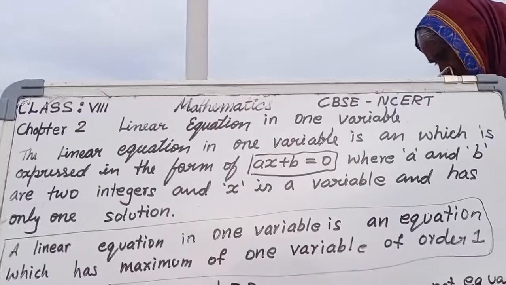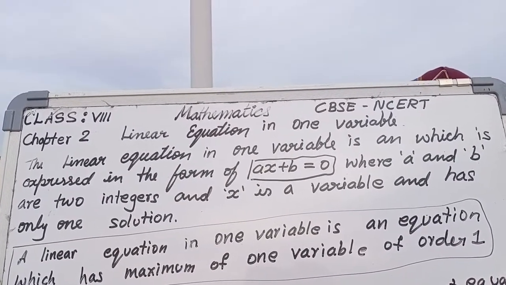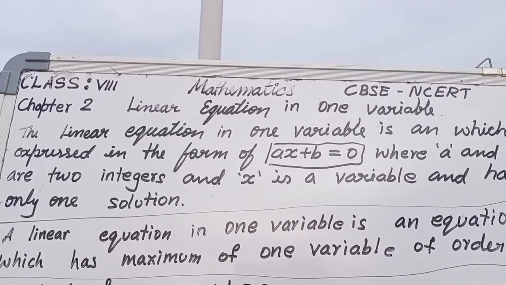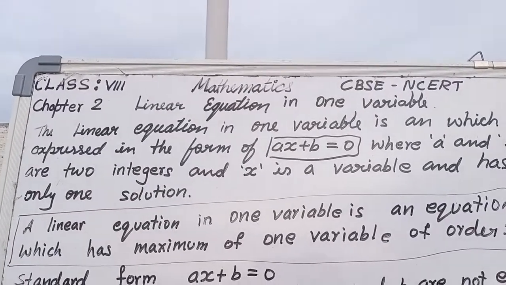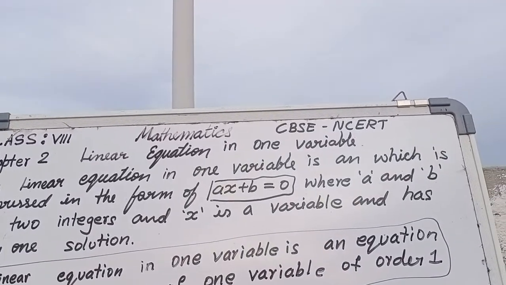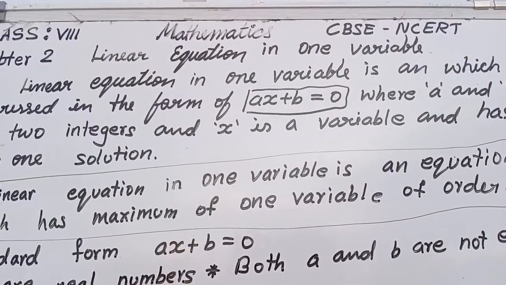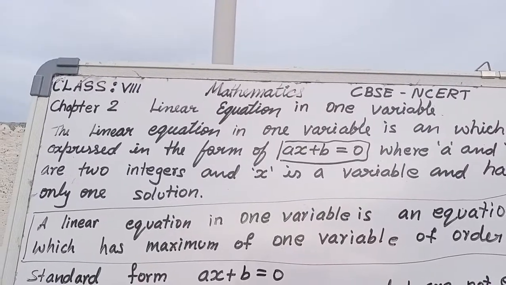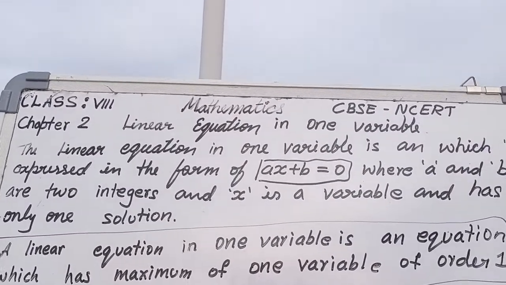Order means, as we have already learned, exponents, powers, indices. Here, what is the power of x? The power of x is 1. That is what they are saying, order 1. If it is ax square plus b, then the power of x will be 2, so the order will be 2. Here, always the order will be 1.